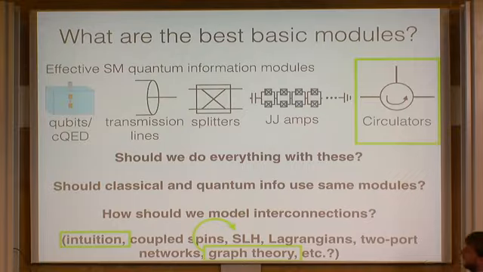And I'm going to show you how I think about this problem of making such a network using both intuition and what I found to be quite convenient, an instance of electrical engineering graph theory, and then turning that into an SLH type model that many of you might be more comfortable with.